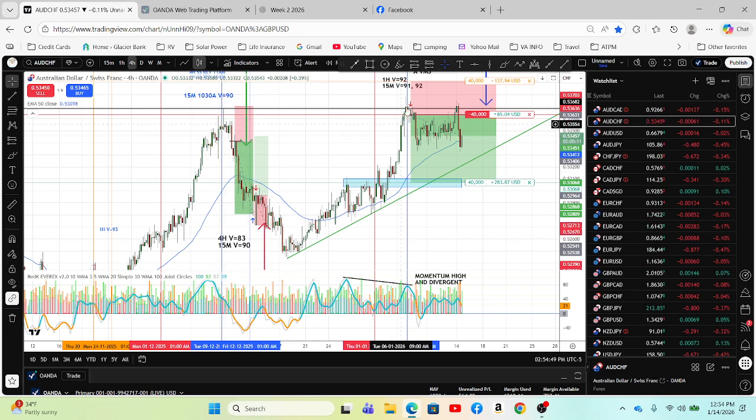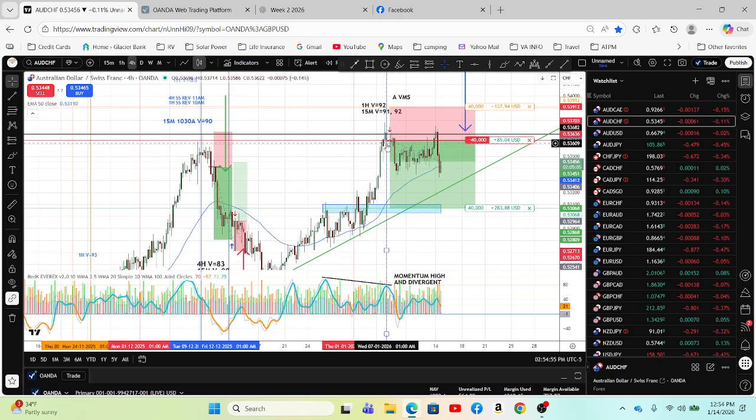See that right there? So now price came back up to it, and that was where my trigger was. I've got an engulfing candle here. I've got a long wick on the up candle, which means it came way up here and got rejected all the way back down. Momentum is high and divergent and hooking down.